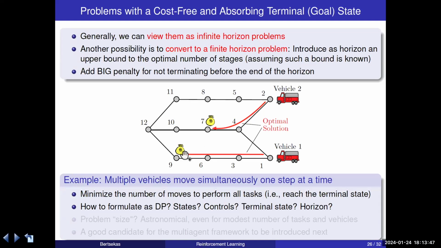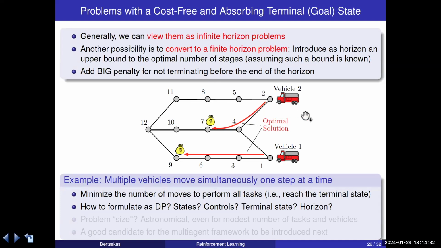You can perform the task if you act optimally. Of course, you can act non-optimally, and you can go around a roundabout way to get to this task. Or maybe even if you want to be really stupid, you can just go back and forth and waste time and do nothing. So in principle, there are policies that can have an infinite number of steps. However, the optimal number of steps here is 3. If you take a horizon 3 or more, then that would be a correct reformulation as an infinite horizon problem with a penalty for not terminating within 3 or whatever steps you set as horizon.